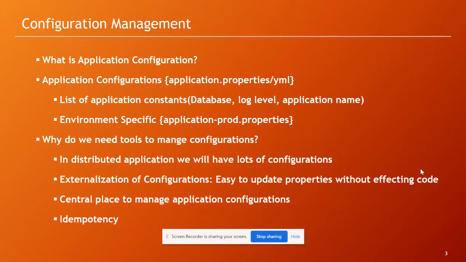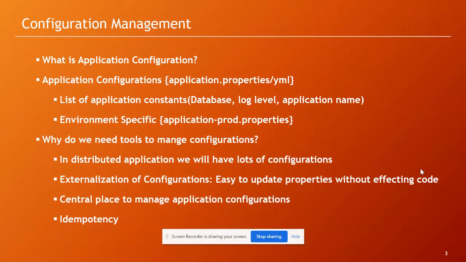Even for each environment, consider your application is in your dev machine, for that you will need a separate set of properties. Then you move your code from dev to stage or QA, and there you will need a separate set of properties. Again, for production you need a separate set of properties.